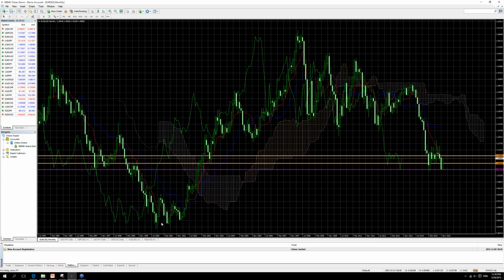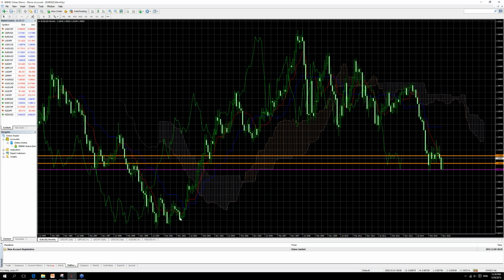Back in 2001, the euro dollar pair was all the way down at 0.82. That was a really good time for Americans to travel to the Eurozone, because it was very cheap. To buy €1, you only had to pay 0.82 dollars, which is even less than a dollar.